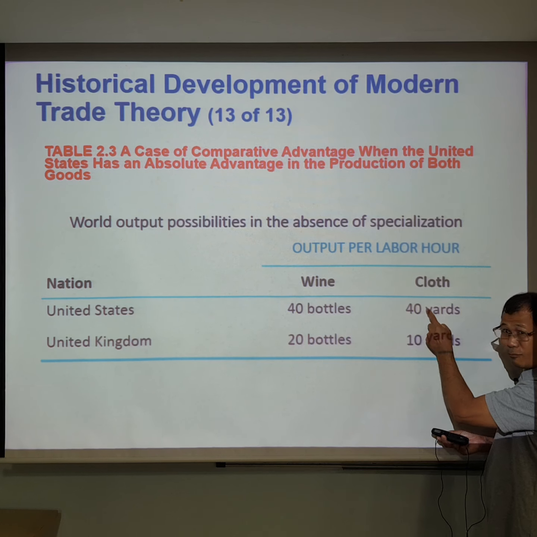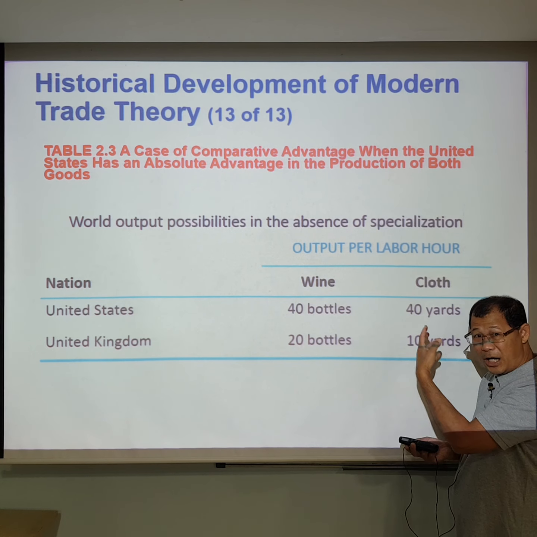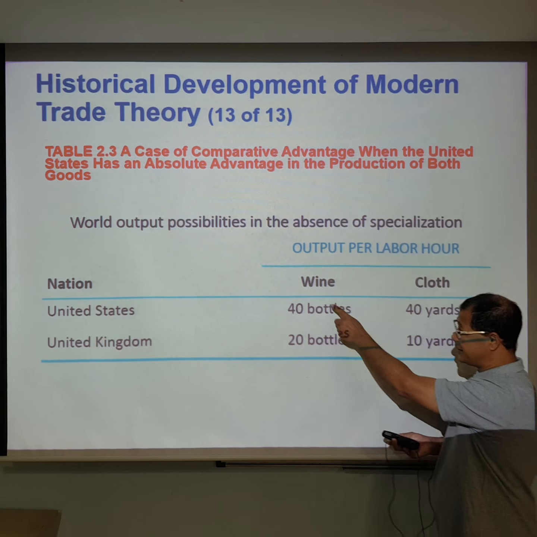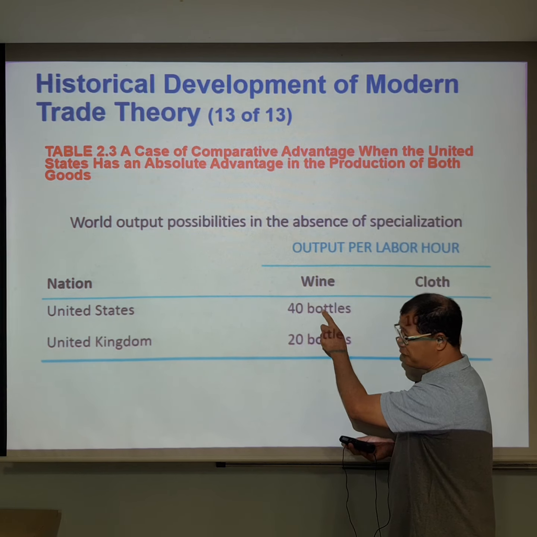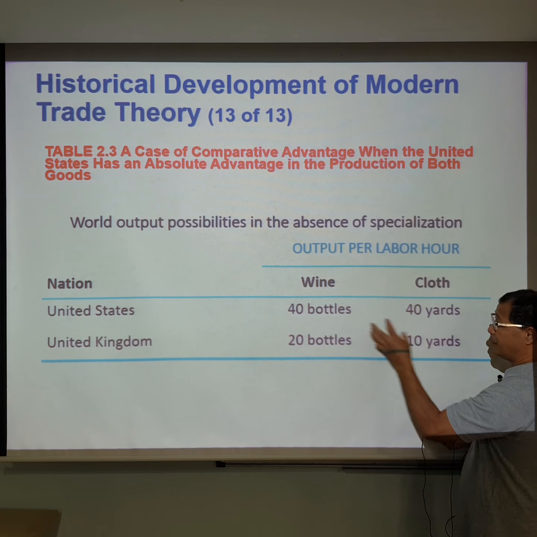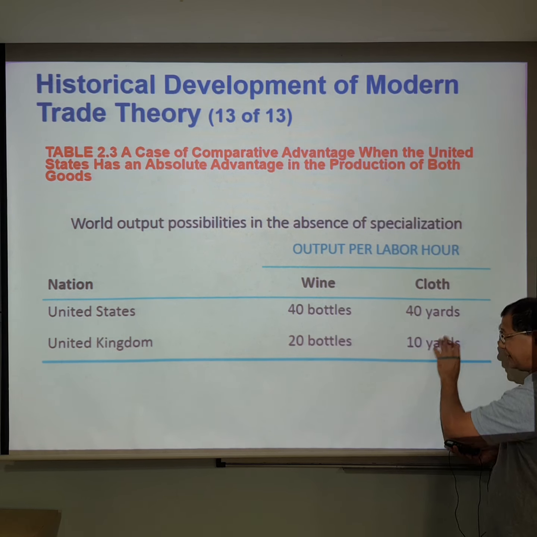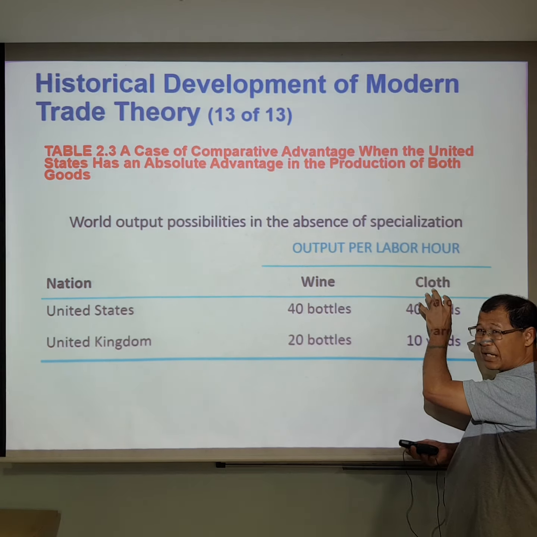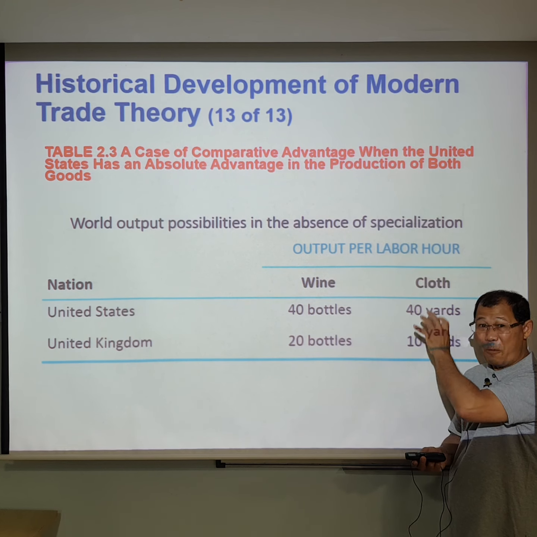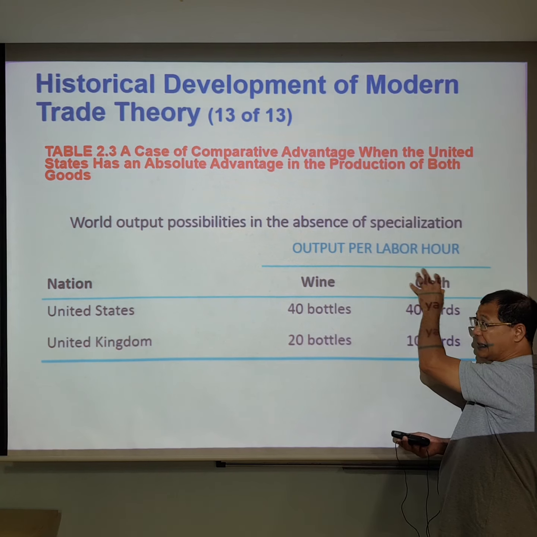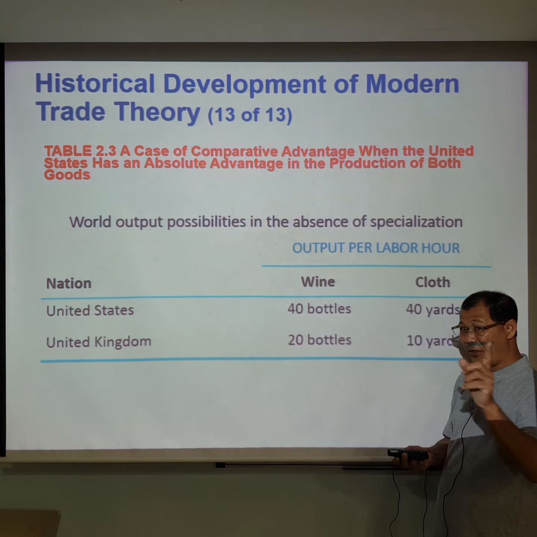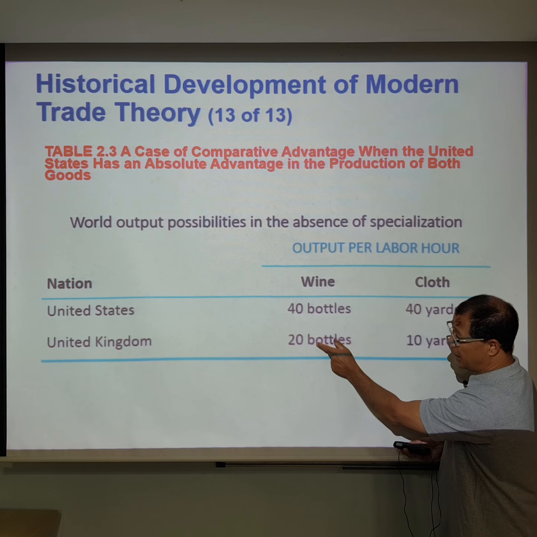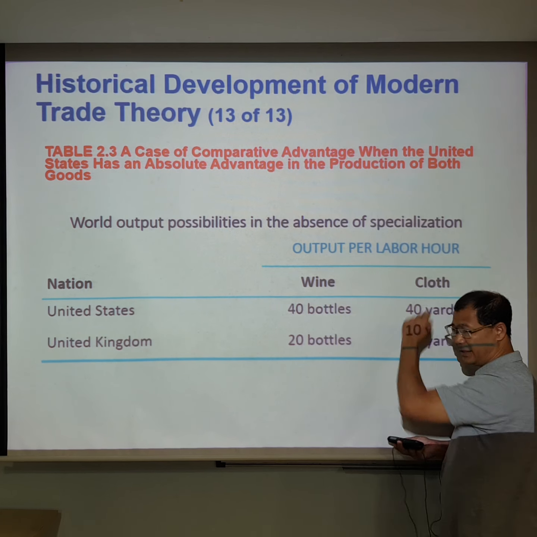The United States is 4 times more efficient than the United Kingdom in cloth, but only 2 times more efficient in wine. So the United States is more and more efficient in cloth. According to Ricardo, with comparative advantage, the United States will specialize in cloth, while on the other hand, we have a model of 2 by 2 by 1, the other product and the other country, the United Kingdom will specialize in wine. You see?